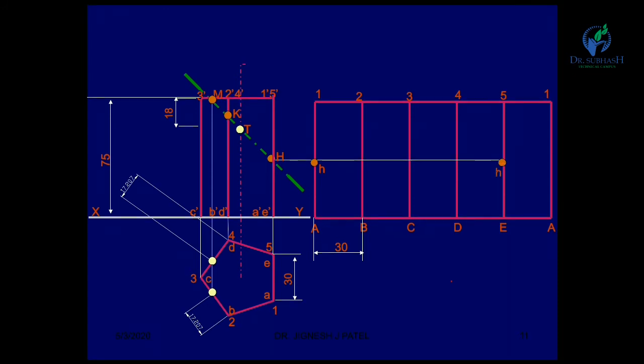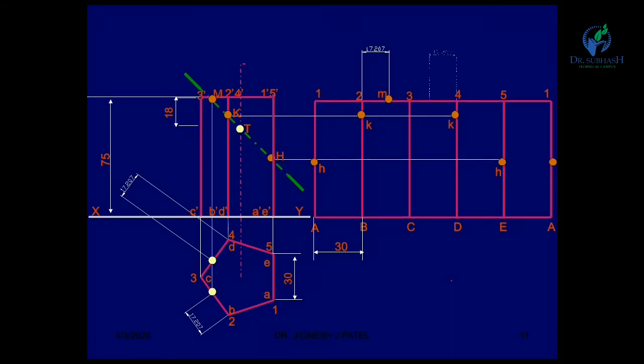Now draw the projections of point K. Point K is on B2 and also on D4. And point M is in between 2 and 3, so project the point M here, and also between 3 and 4. Now join all these points by a straight line.